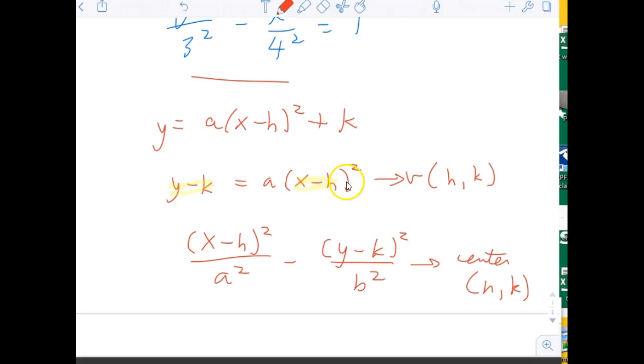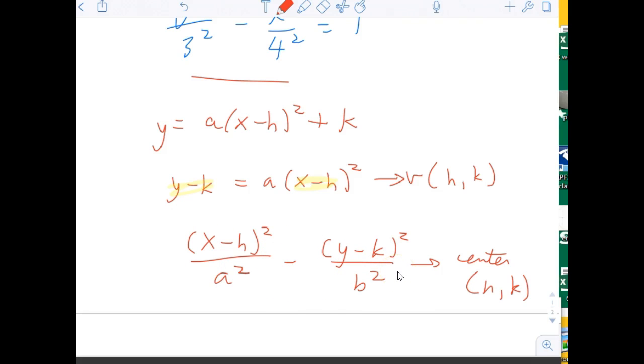Now, the reason why I show you that is because if you look at the horizontal and vertical translations for the hyperbola, it looks like that, where you have an x minus h inside the parentheses squared, and a y minus k inside the parentheses squared, okay? Since in this equation we don't have the form where we have y on the left and everything else on the right side like we've been doing up until now, it's pretty hard to do that with the hyperbola.